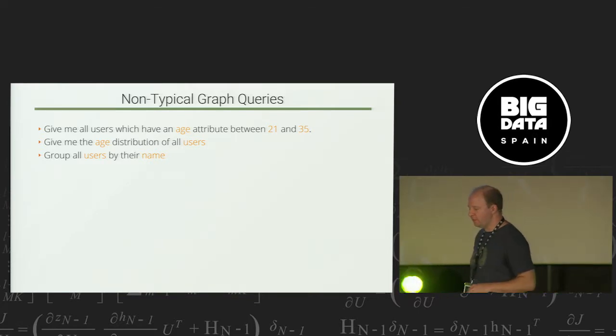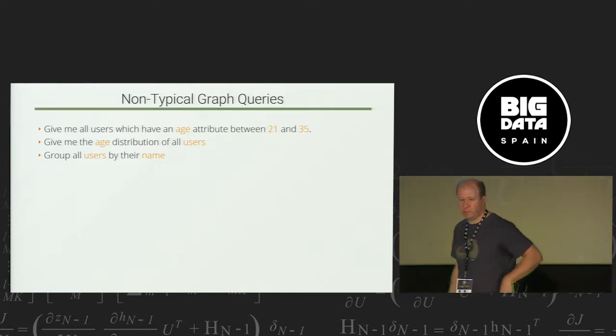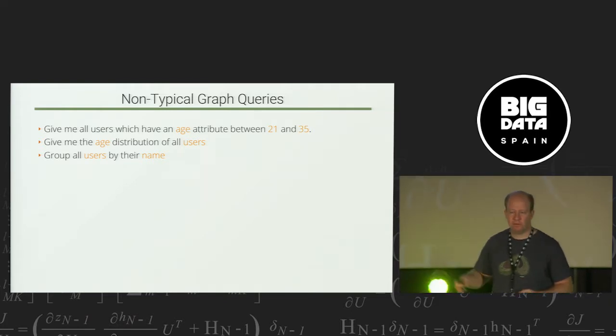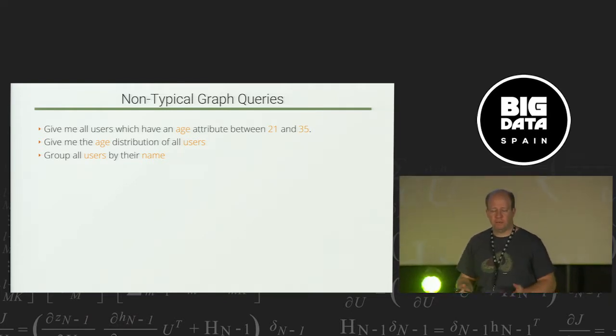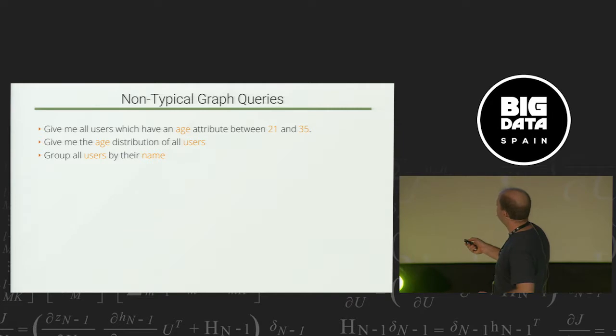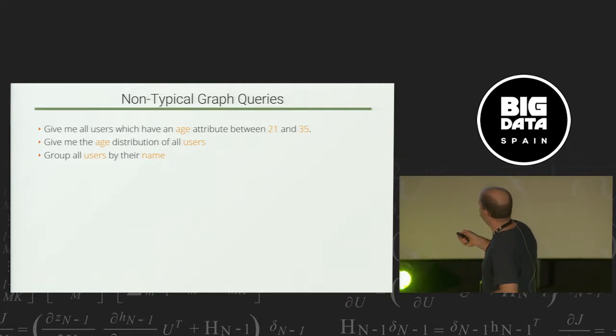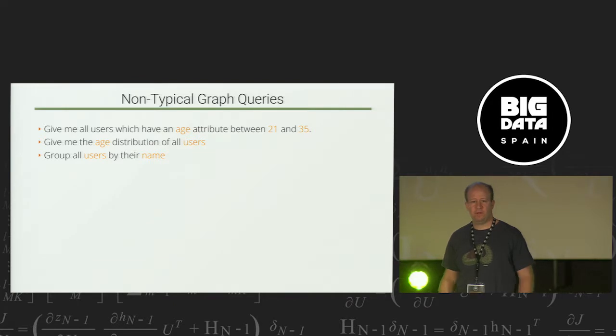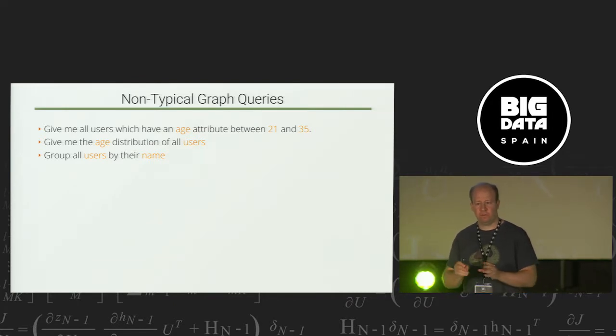Now let me contrast this with a few queries which are not typical for a graph database. Imagine you have one of these graphs in your graph database. You might be interested in other things. For example, just look at the users and give me people whose age is between 21 and 35. Well, this has nothing to do whatsoever with the edges, with the relations.